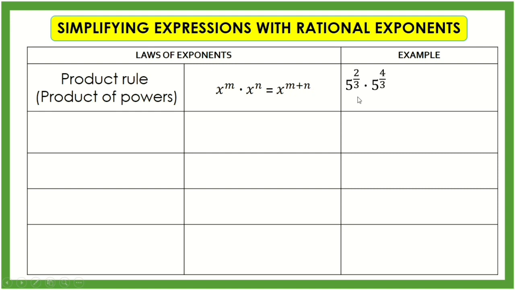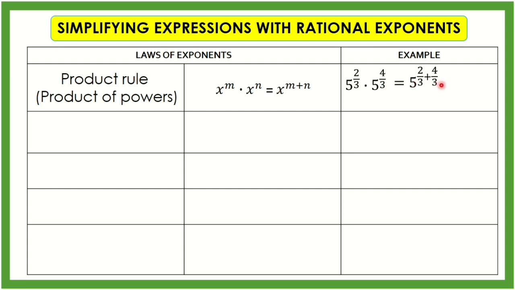Let us have example. 5 raised to 2/3 times 5 raised to 4 over 3. So, parehas ang base. Ang gagawin natin, pag-a-addin natin yung kanilang exponents. We have 5 raised to, so we add 2/3 and 4 over 3.